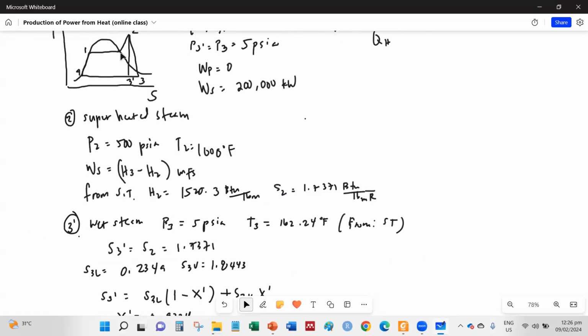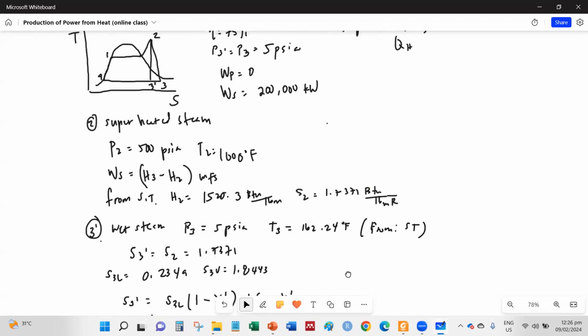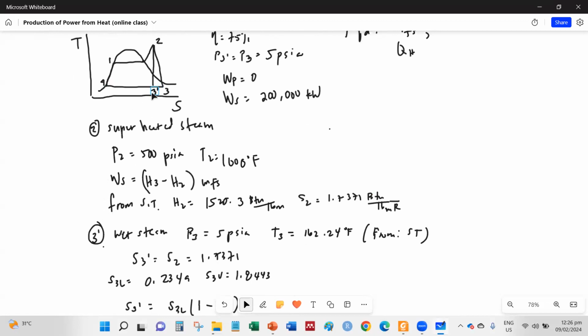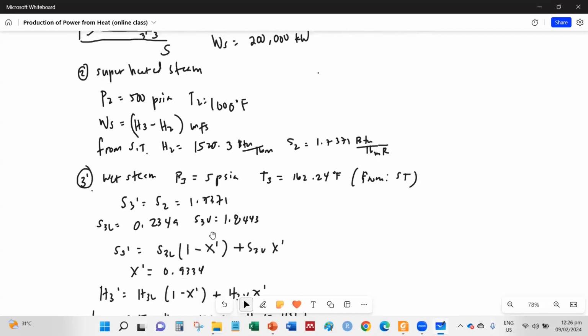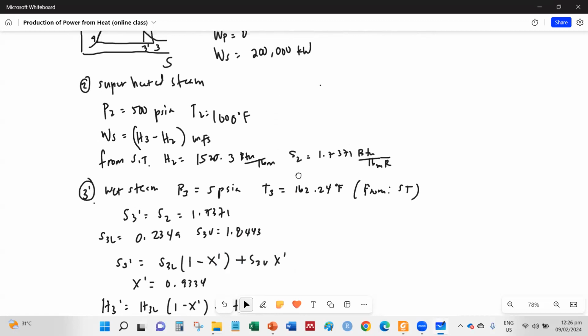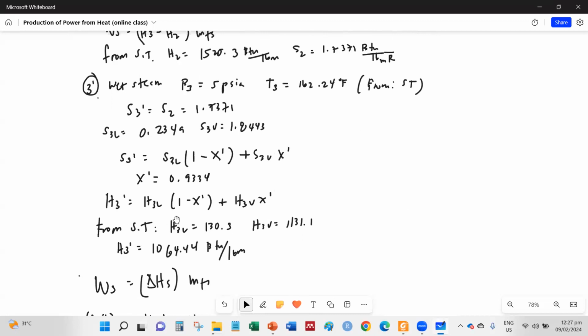And we use this entropy S2 to find the isentropic value at point 3, isentropic expansion entropy at point 3. They should be equal because this is a vertical line. And then from there, we calculated the quality at point 3 prime, which is x prime, and we use that to calculate H3 prime, using the saturated properties of the enthalpy at point 3.